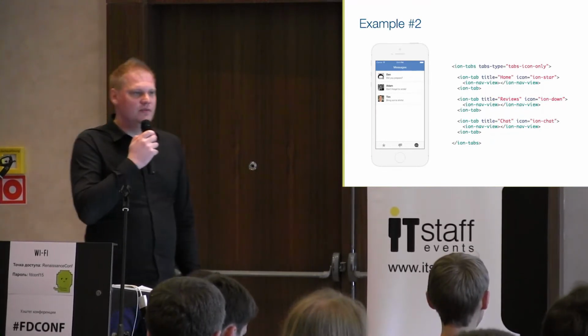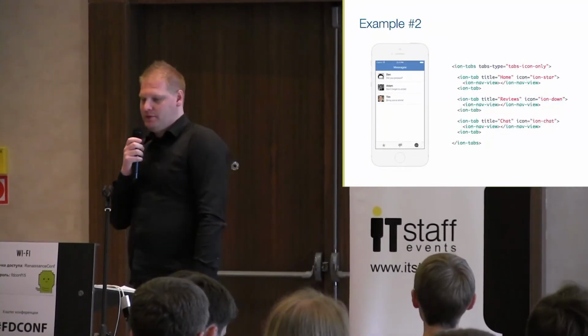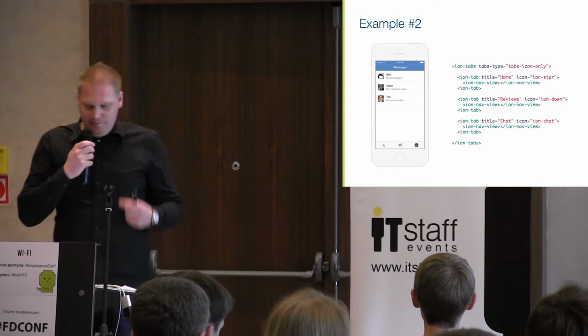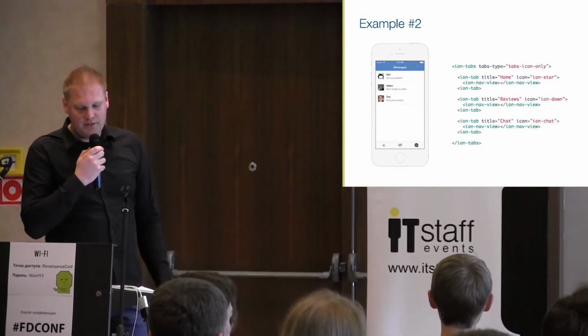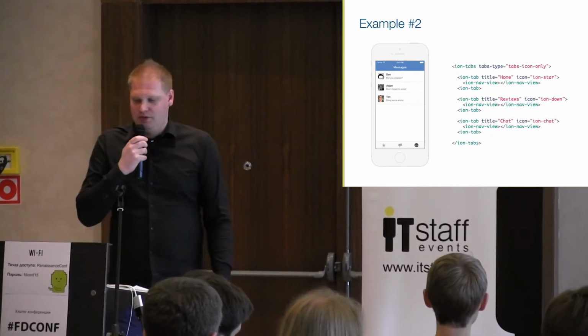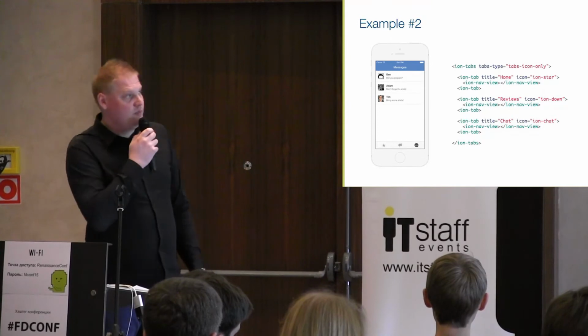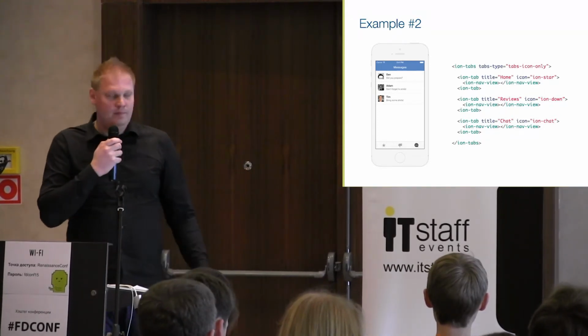It's really easy to create them. For example, if you want to have three tabs, all you need is to copy-paste your own Ionic tabs, and inside Ionic tabs you create tab by tab. In this example, these three tabs are created by copy-pasting the first part: Ionic tab, title, icon, and what it does.